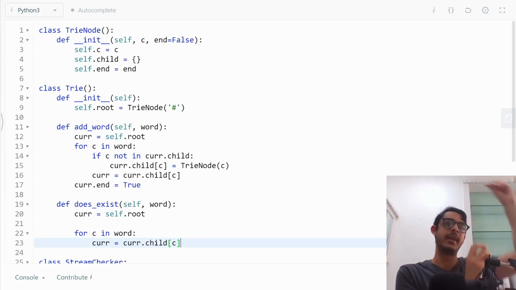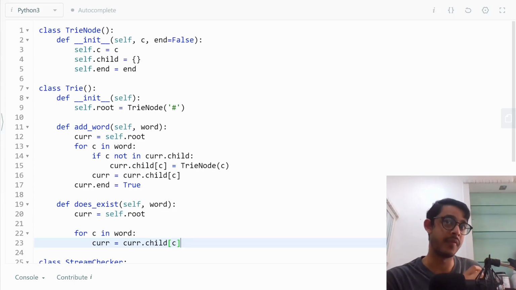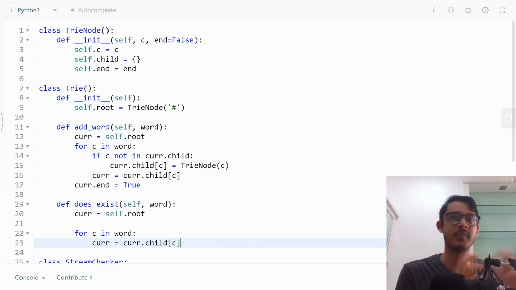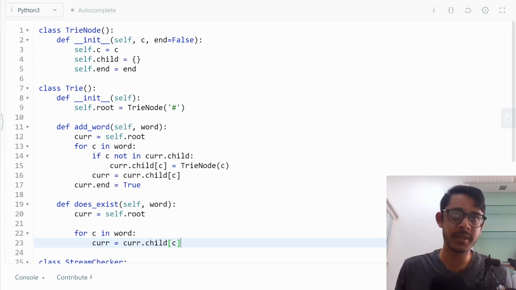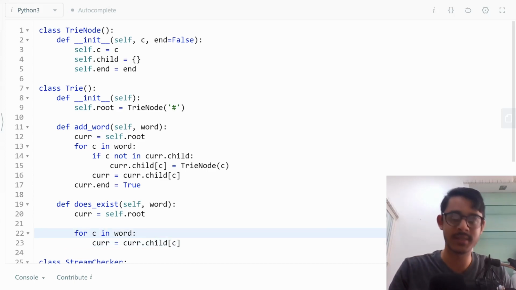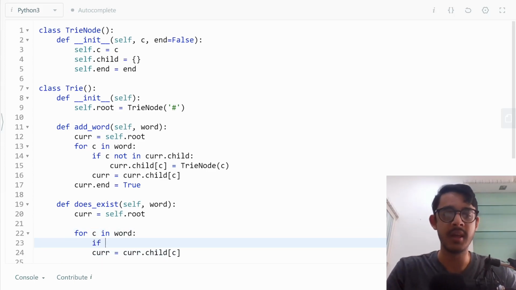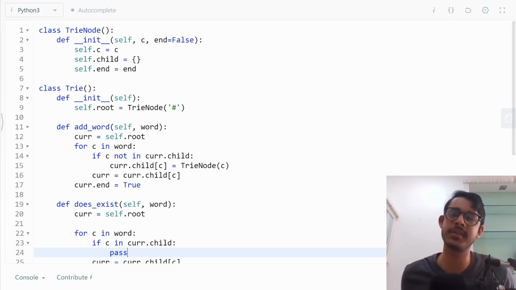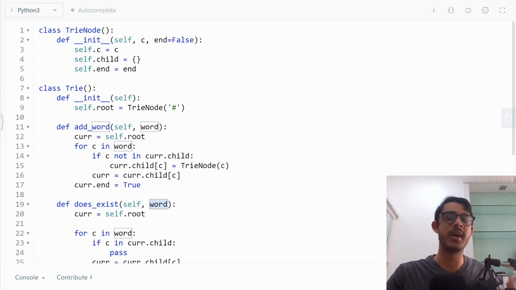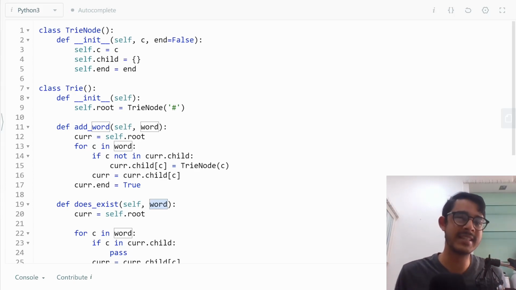And then I can again look at all of its children. And if I find a character match, I can move to that, and so on and so forth. I can keep on going. But there's a catch. I can do this only if C is present inside of this current.child. Because if C is not present, what does that mean? I wanted to know whether a suffix of this word existed inside of the data structure or not.